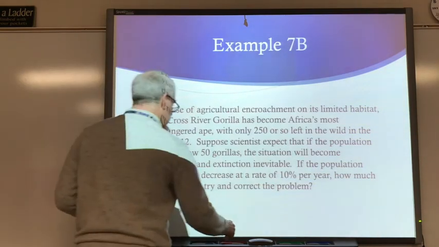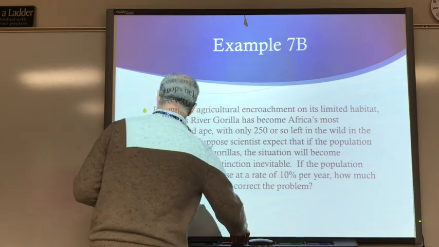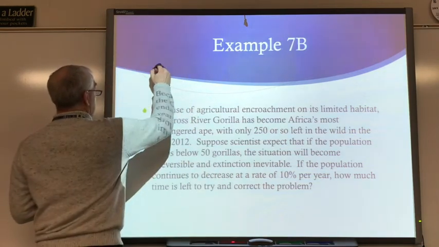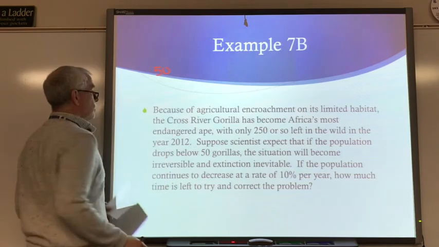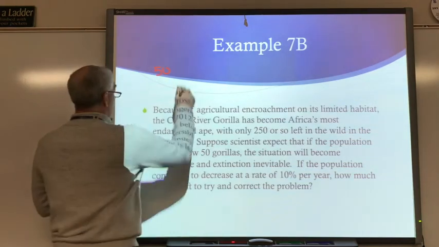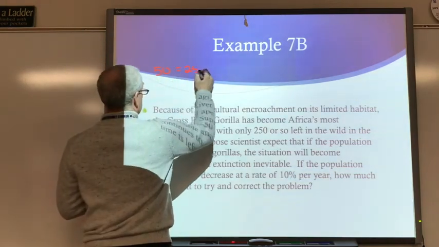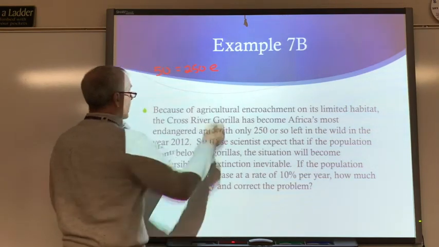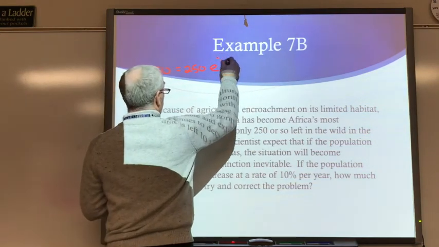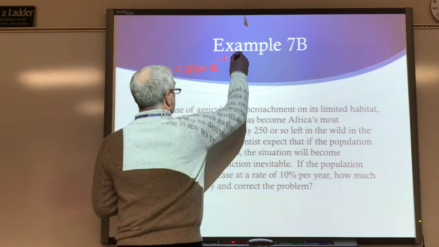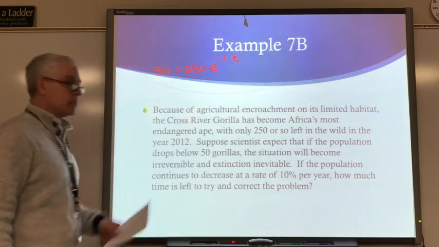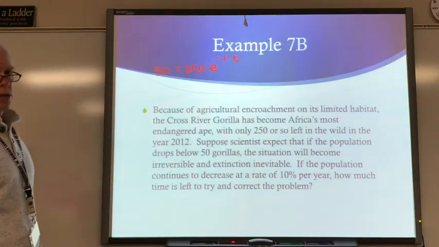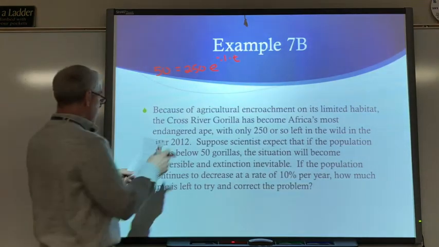Okay, so I'm going to use that same formula, you guys, except we're going to see how long it takes to get to 50. That's our crucial number. We're starting at 250. e, our rate is going to be negative 0.1, and then times t. So I don't know how long that's going to take. I just have some algebra to do to solve it. So I'm going to divide by 250.